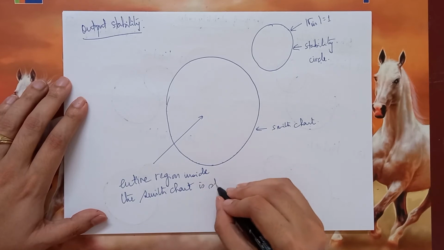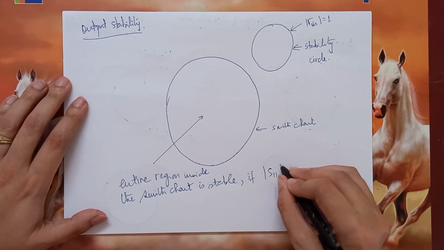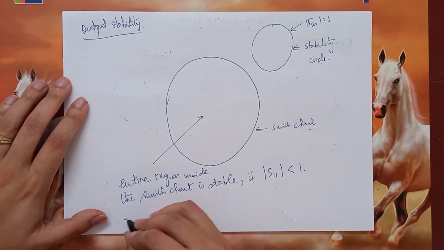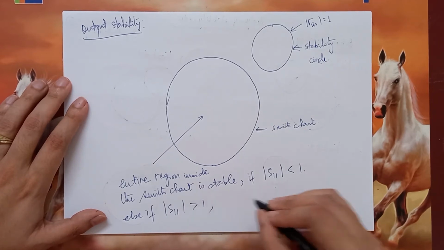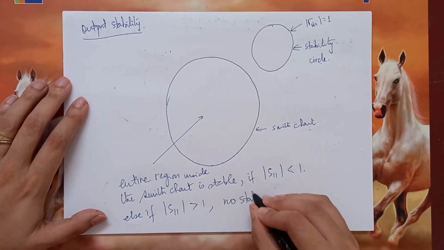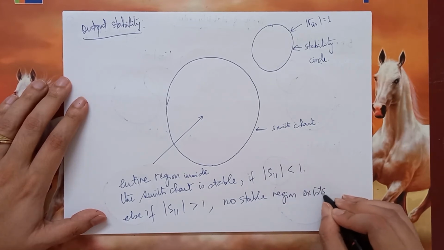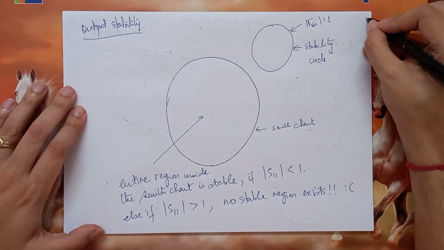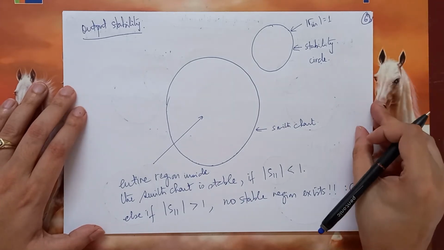If mod S11 is less than 1. Else, if mod S11 is more than 1, no stable region exists. That is very sad. That means you cannot work with that MMIC, and that's a very bad design.